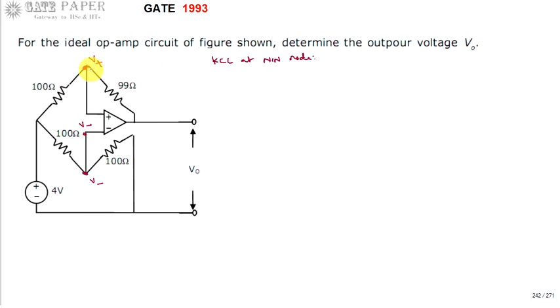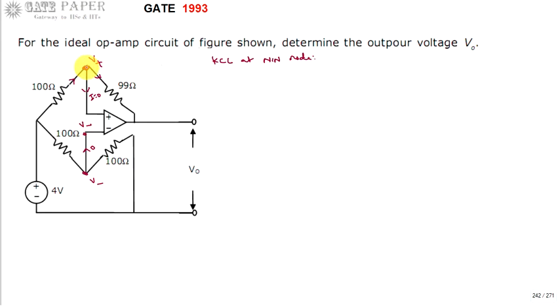The current flowing into the internals of the op-amp is always 0. Remember that, because the op-amp has very high input impedance, which doesn't allow any current to flow into the op-amp input terminals. So the current flowing through this one is the same as the current flowing through this one.